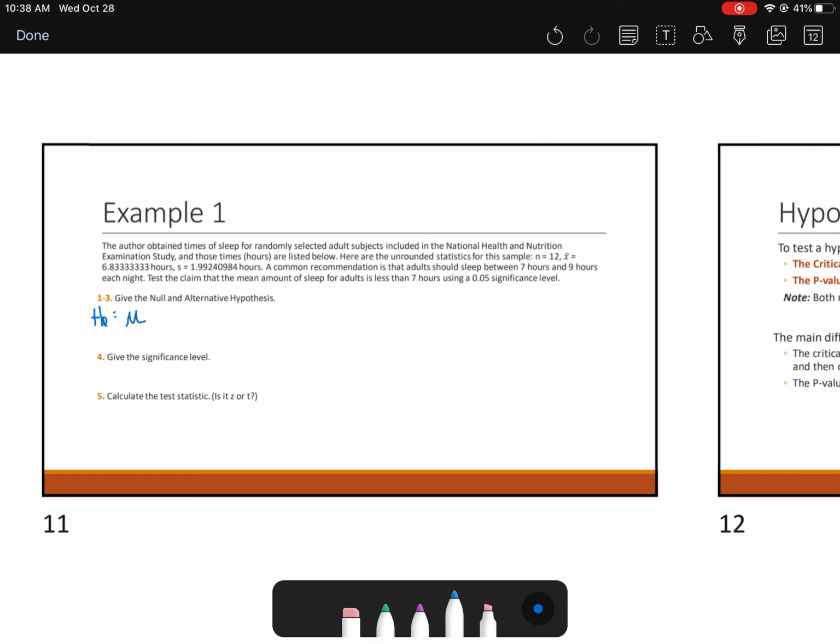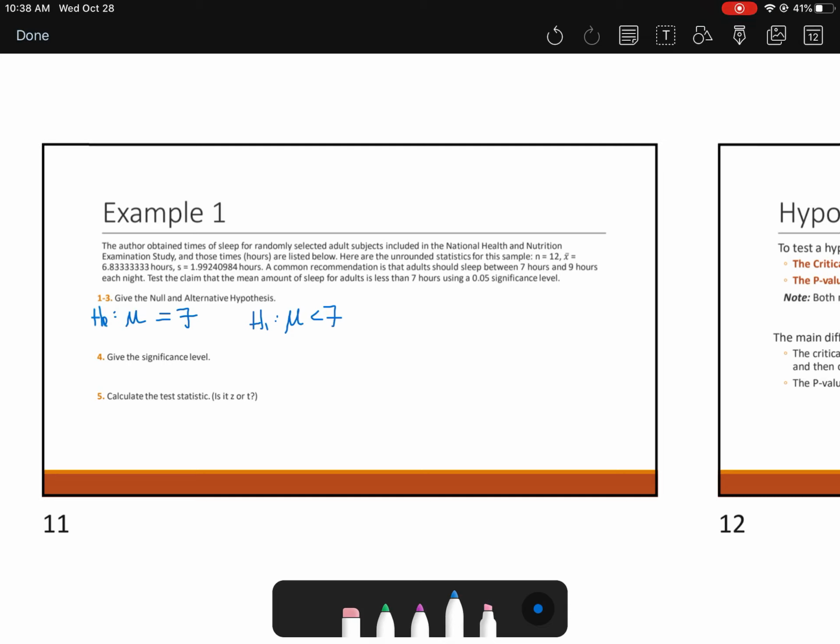Okay, so I'm going to assume my mean is 7. Okay, and my alternative is that it is less than 7. So that's steps 1 through 3. So I know it's like, oh, steps 1 through 3, 3 steps. That's just what you're doing here.